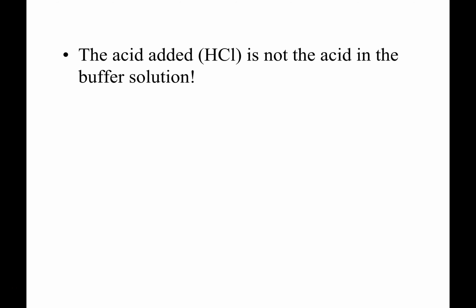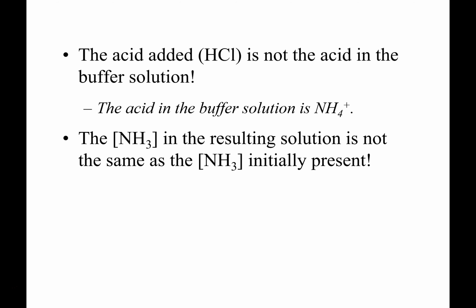Now this is a warning: in the Henderson-Hasselbalch equation, notice what I don't have is anything to do with the HCl. The HCl is just going to be all gobbled up. There won't be any HCl in the solution at equilibrium. It's the source of creating the NH4 plus. And this is the moving target I talked about.